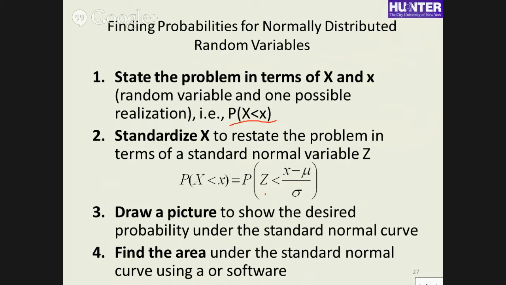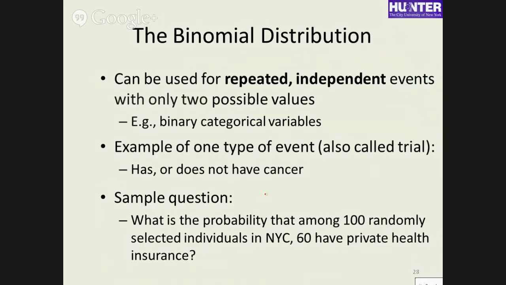Okay. Sorry if I'm belaboring this. Binomial distribution. So we use the binomial distribution for random variables where individual events take a binary value: yes or no, sick or healthy, has or does not have cancer.